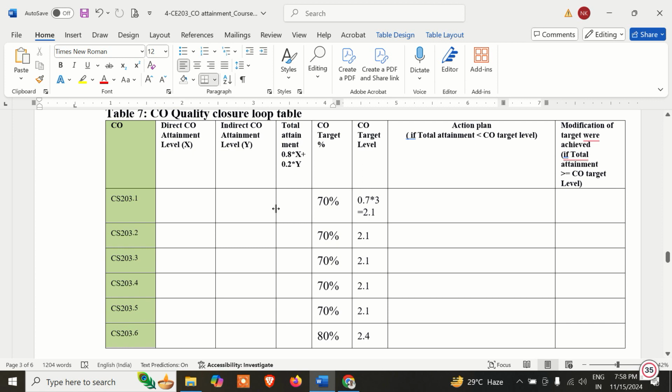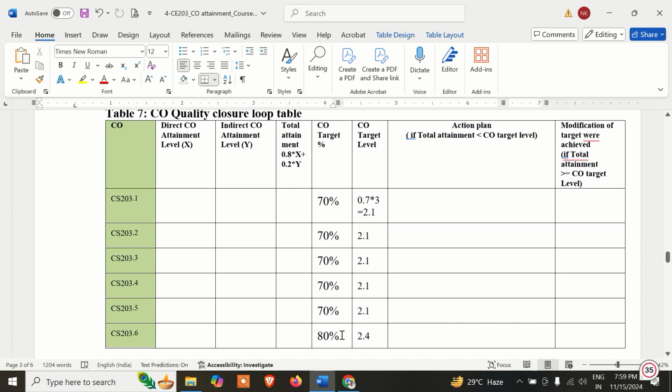Then finally, if you bring the direct attainment and indirect attainment here, again 80% weightage is given to direct attainment, 20% weightage is given to indirect attainment. So you calculate the value here, you feed it here. And then what is your target level of CO attainment? You said 70% of the maximum. So 70% of 3 is 2.1.